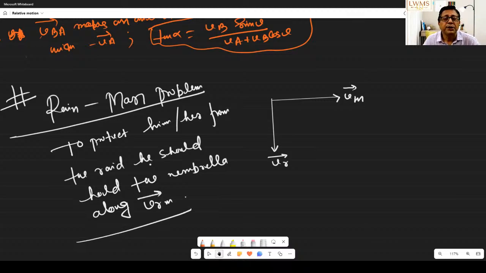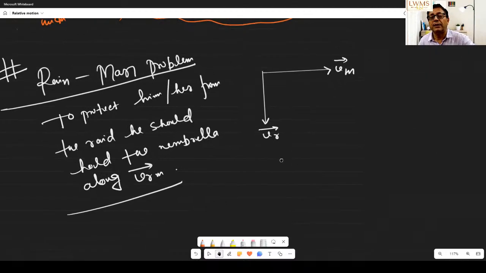Clear? He should hold the umbrella along VRM. Am I clear? That is the relative velocity of rain with respect to the man.